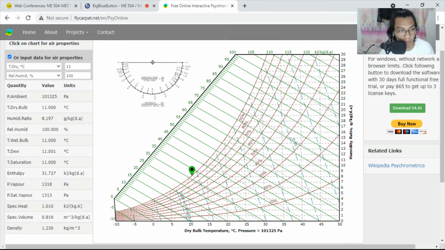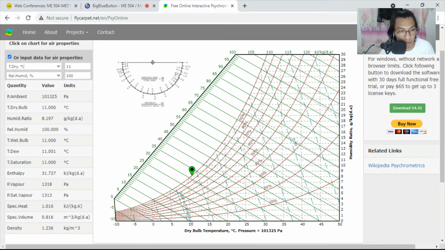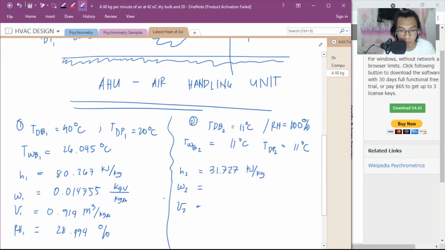Wet bulb, 11. Dew point, saturated, they're all the same. Okay? When saturated, the dry bulb, wet bulb, and dew point are all equal. You don't need to look for them anymore. So, specific humidity is 0.008197 kilogram vapor per kilogram air.